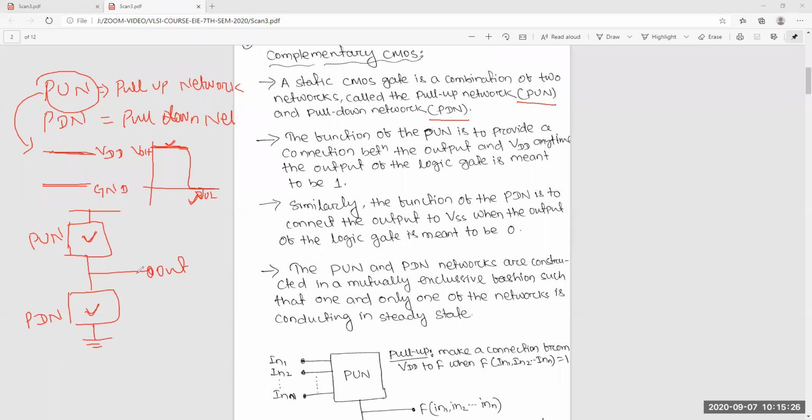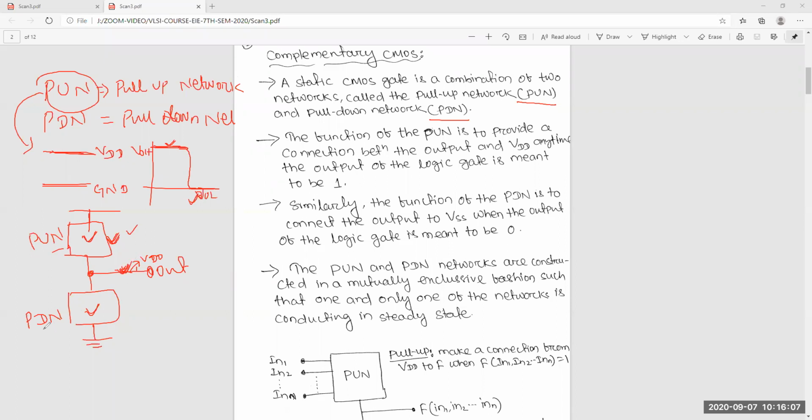When the output goes to VDD, that will happen only because of these devices. If these PMOS devices are fully on, VDD will directly connect to the output. So these devices, the pull up network, are responsible to make the output VDD.